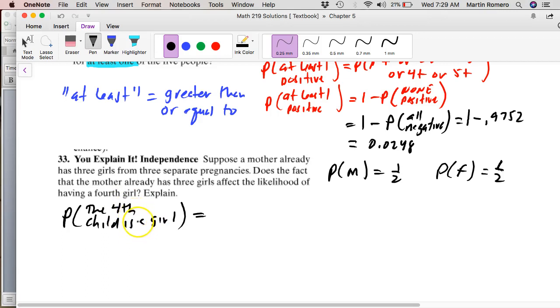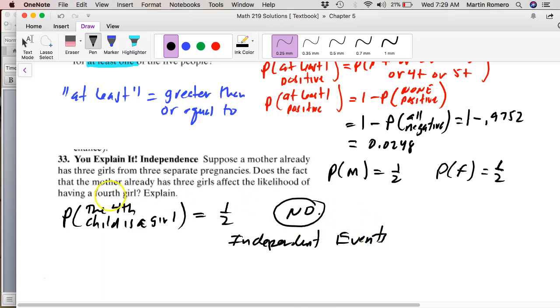But if she just has the child naturally, the probability that the fourth child is a girl is equal to 1/2, which means the answer to this would be no. Does the fact that the mother already had 3 girls affect the likelihood of the fourth girl? The answer is no. These are independent events. And so that would be the reason why. That's it.